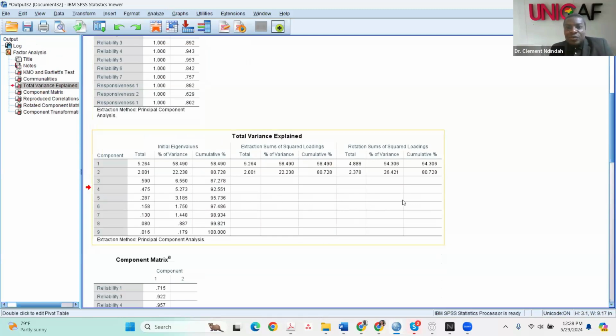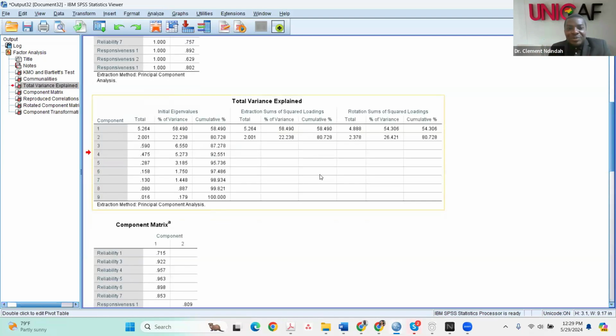we have two factors, or two possible groupings, that together explain the variation. When we remove that variable, we first of all had 74% here, but with the elimination of reliability 2, we see that our variables now explain 80% of the variation. 80% of the variation in those variables can be captured by these two factors, by these two groupings that we have.